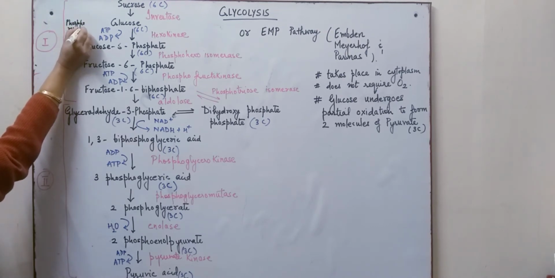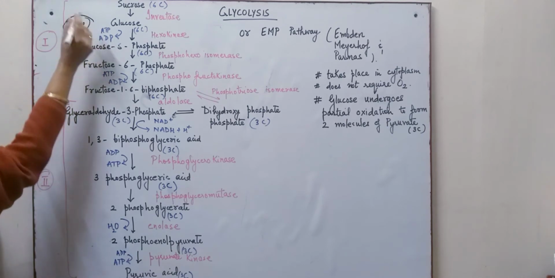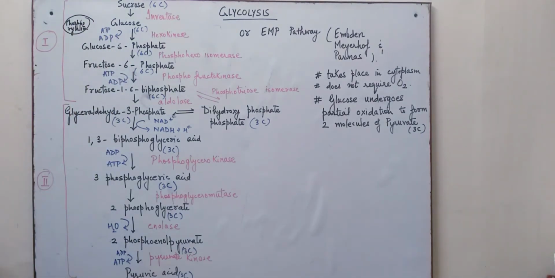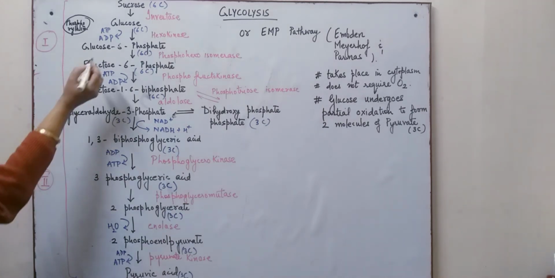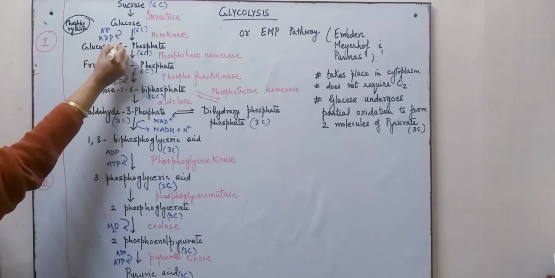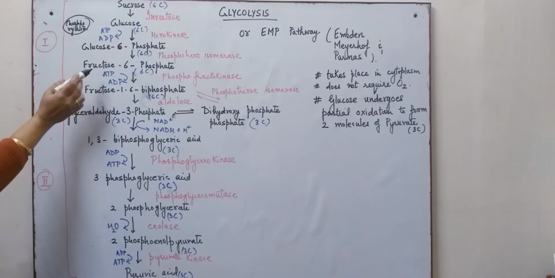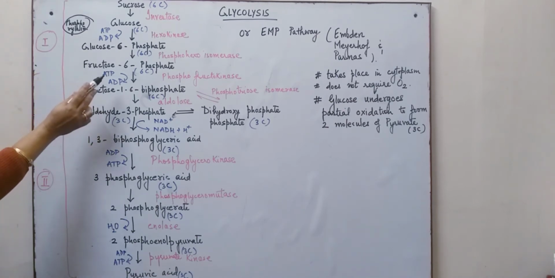The first phosphorylation takes place over here, utilizing the ATP and in presence of enzyme hexokinase, glucose 6 phosphate is formed, and along with it ADP is formed. Second step, the glucose 6 phosphate gets converted into fructose 6 phosphate.